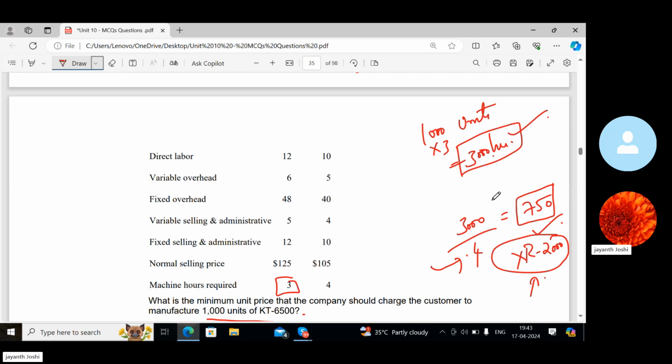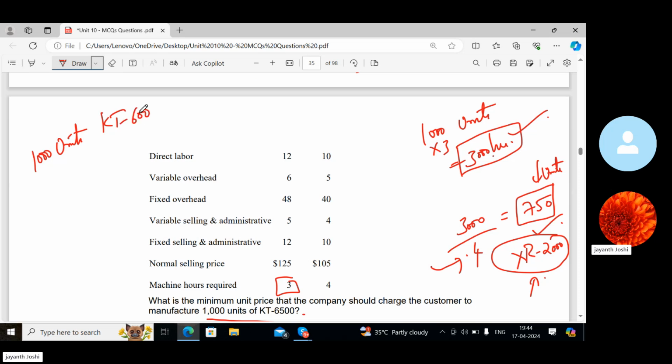See, if they take more time, they make fewer units. Correct or wrong? Please understand. 1000 units they make of KT 6500.